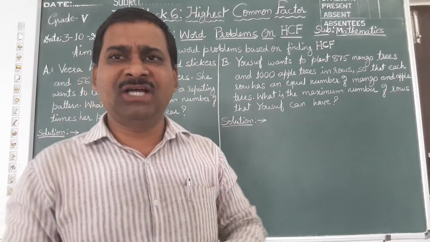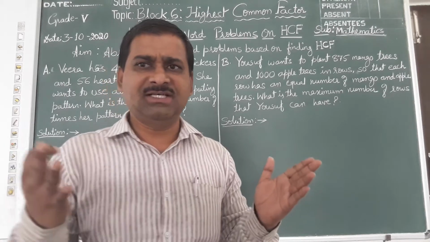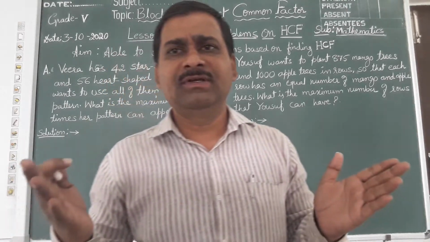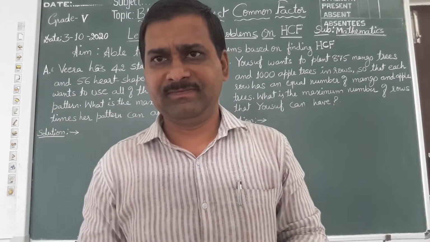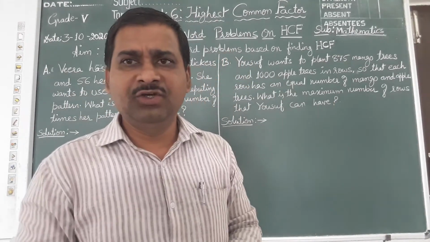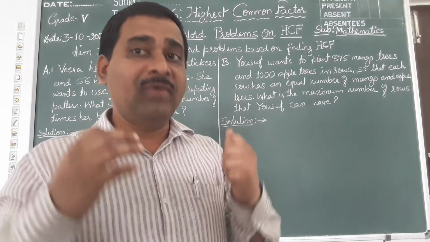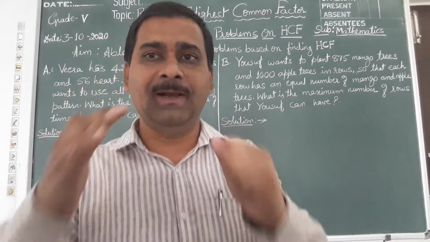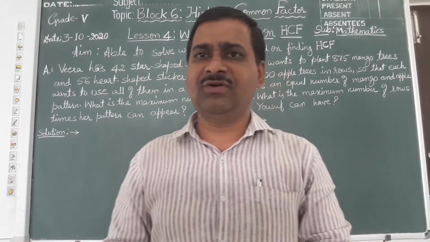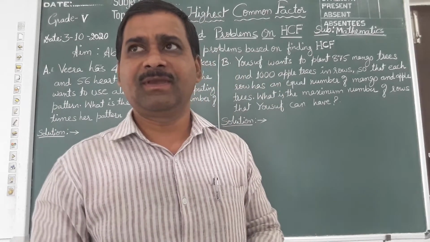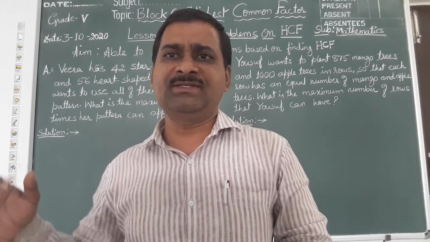If the question is asked generally, just find the HCF, then children, you can select whichever method you like, whichever you feel is easy. It depends on the question, children, how it is asked, right? If the question is asked just to find the HCF, you can select any one method.